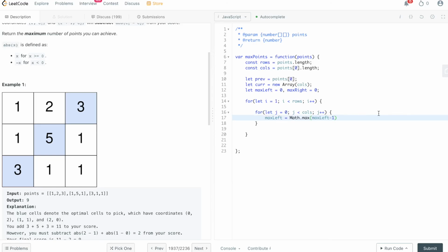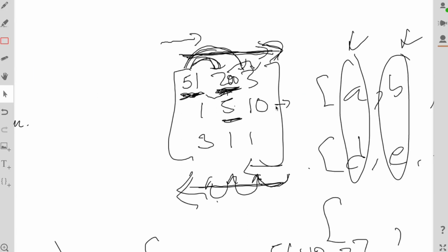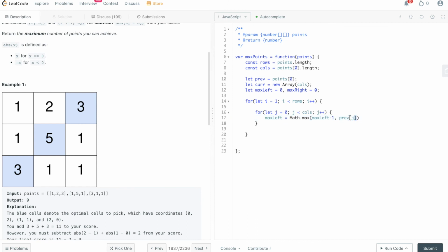So we have this minus 1, and we have previous of j. If we're working with this here, we want to know, is the max left value going to be this 51 minus 1, so 50, that we add with 5, or is it going to be this 200, previous j? We want to know which one.